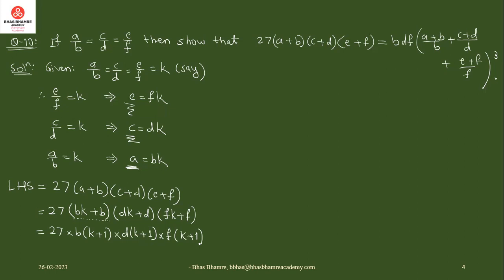Now when we watch carefully, all these operations are multiplications. There is no addition. Addition occurs in the brackets, that is K plus 1 into K plus 1 into K plus 1. So we get 27 into BDF into K plus 1 whole cube. Say number 1.